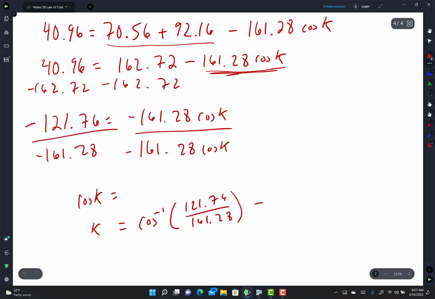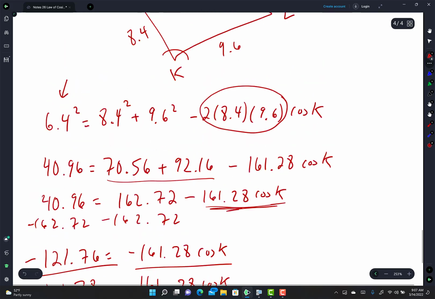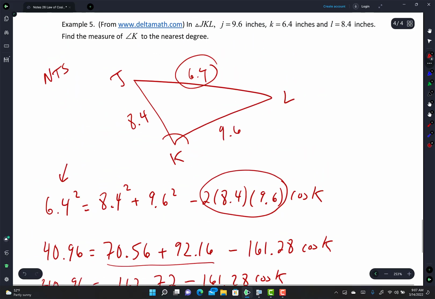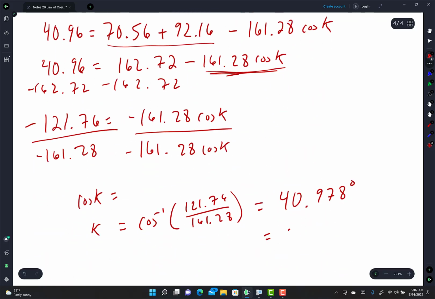What'd you guys get? 40.978 degrees. What did they want? To nearest what? To the nearest degree. 41 degrees.